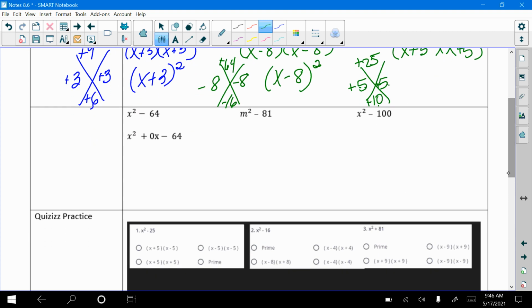All right, now we're getting down to the next set. The next set are special as well. These are binomials. However, a binomial can be written like this because there's no b value. So this is x squared plus 0x minus 64.